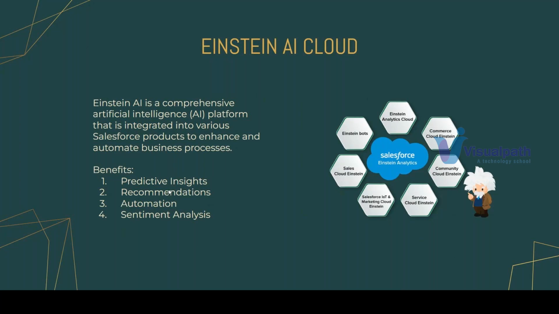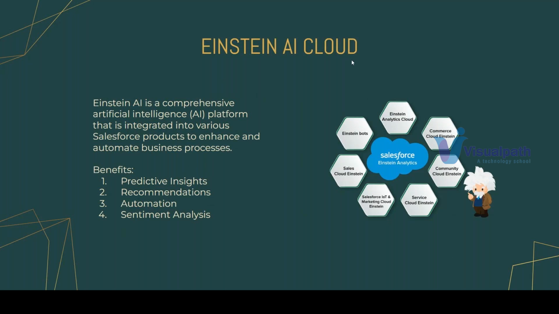Einstein can also recommend that you go with this segment of the product for now based on the data you have, which will enhance your business. Or this segment is not working properly, you need to make certain changes or focus on this particular customer base to gain more business. Those kinds of analysis can be done using Einstein AI.